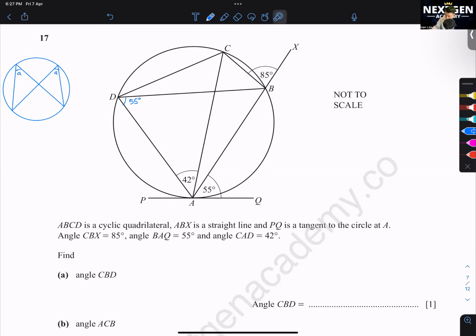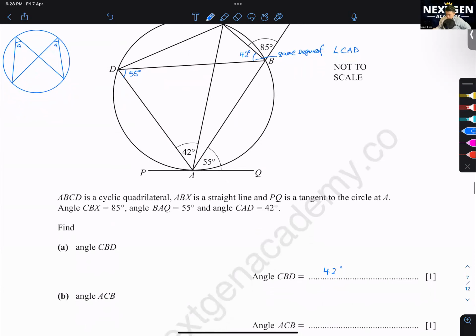CAD, and over here. Very good. If I look from this side, this angle and this angle are the same. So CBD is also equal to 42 degrees because it is in the same segment as angle CAD. If they ask you to explain it, make sure you know the reason behind it also.